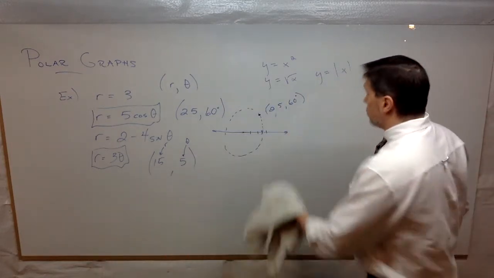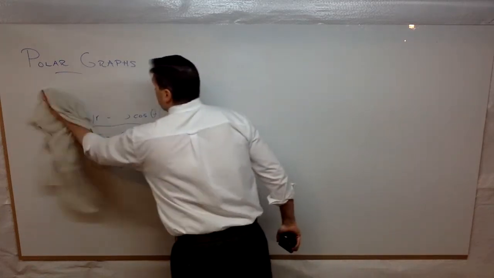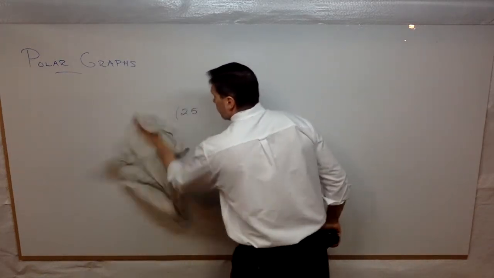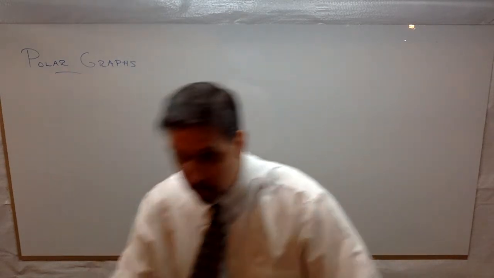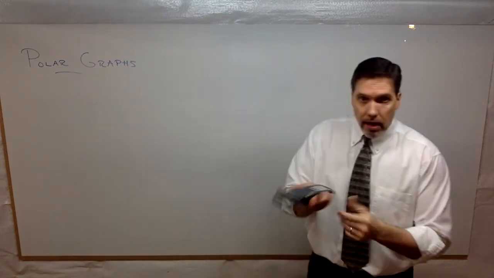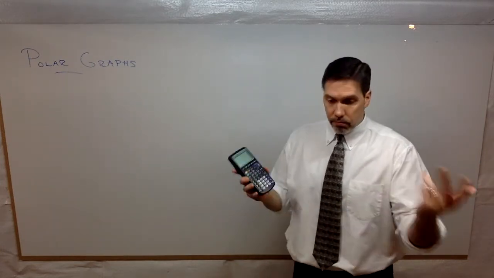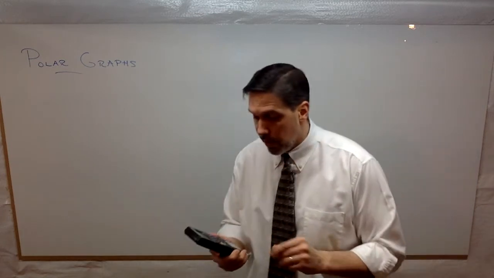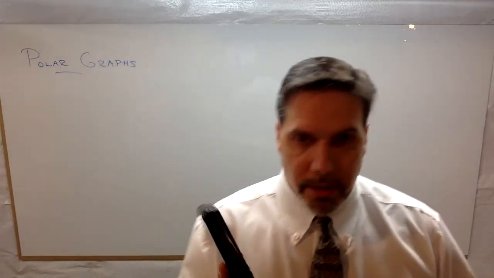This is a great tool when dealing with polar graphs, because it can give us a quick graph of things that are not exactly super easy, to say the least. So your calculator will be a great tool for you to see quick graphs of what these polar equations look like. All right, but before we begin here, go to mode on your calculator.